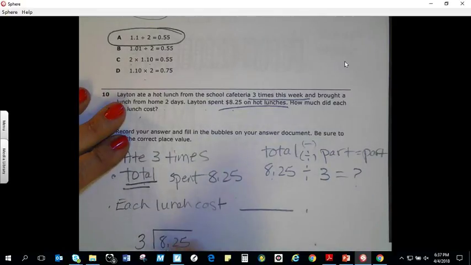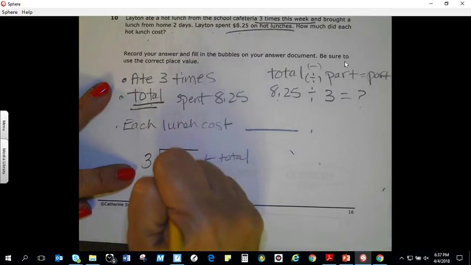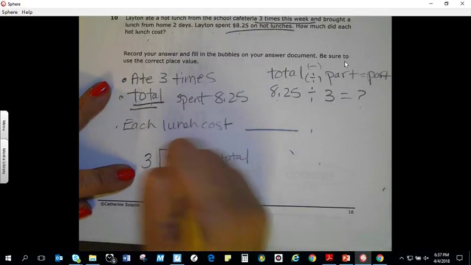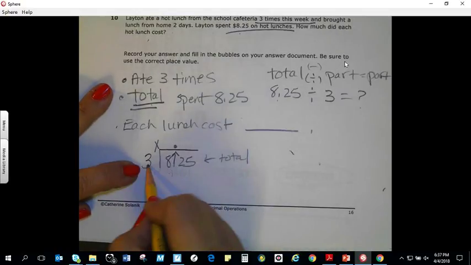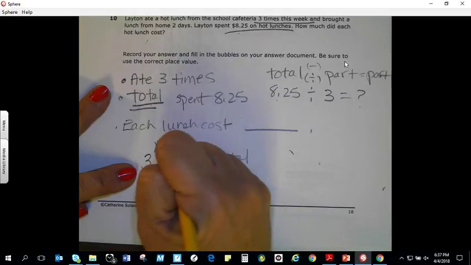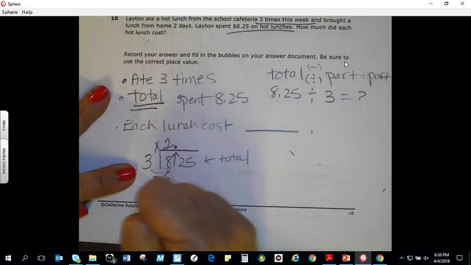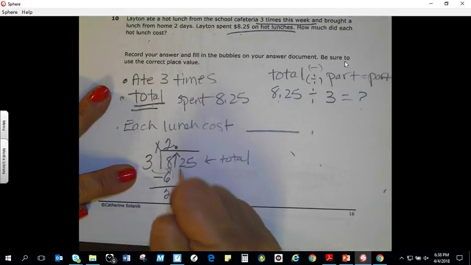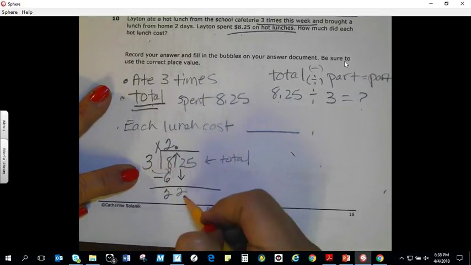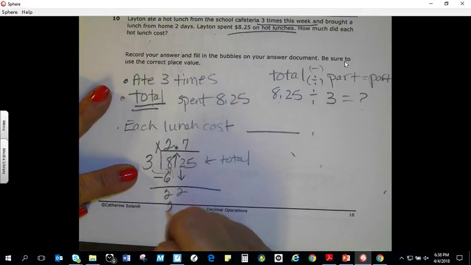Actually, I'm going to write it to the side because I'm going to put my math there. Okay. So immediately I'm going to move my decimal up. 3 goes into 8 2 times, because 2 times 3 equals 6. Subtract that out. That's 2. Bring down my 2. 3 goes into 22 7 times, because 7 times 3 equals 21.